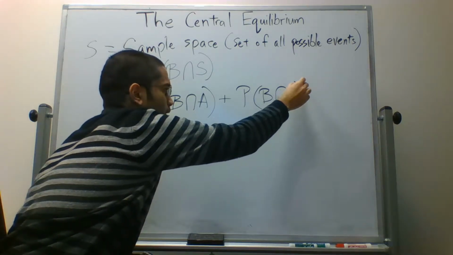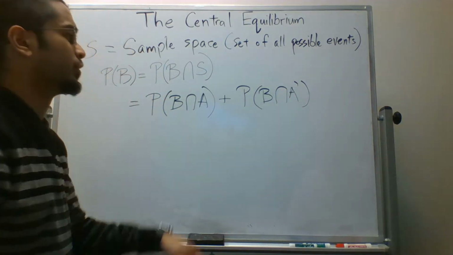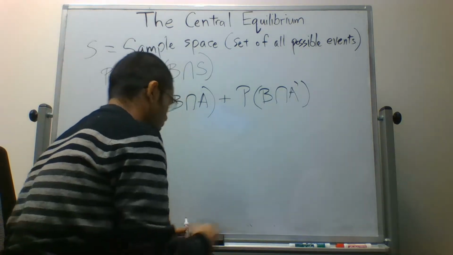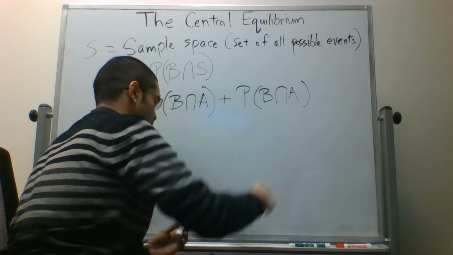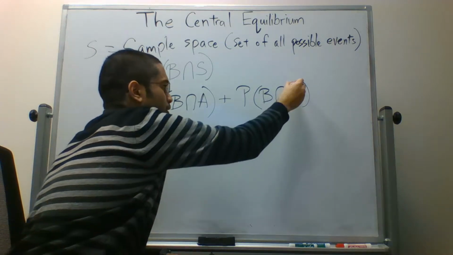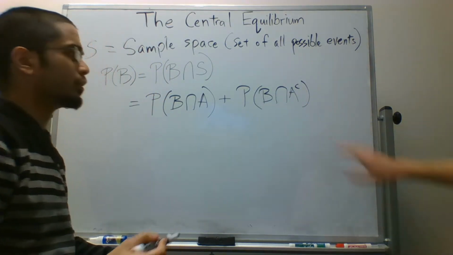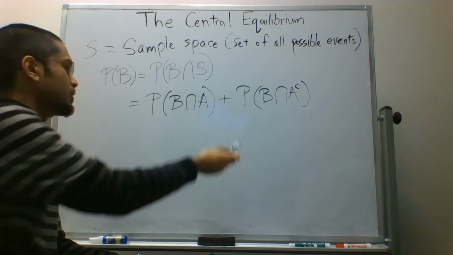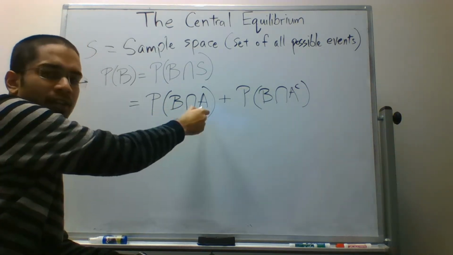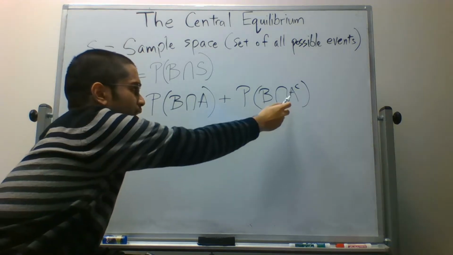I will use an apostrophe. You can also see us using probably a small letter C. Eric, what would you prefer? Let's use C for A complement. So probability of B and A and probability of B and A complement.